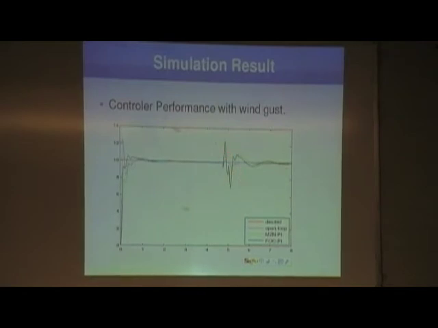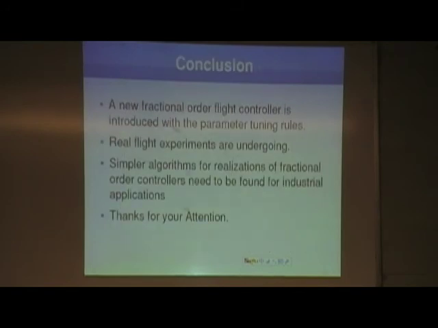I just assume there's a strong wind all of a sudden to see how the controller performs. We can see clearly that the fractional order controller can come back pretty quickly, while the integer order has some delay. There should be another figure showing that the fractional order control outperforms the integer order when we change the payloads, assuming the payload is a little different.